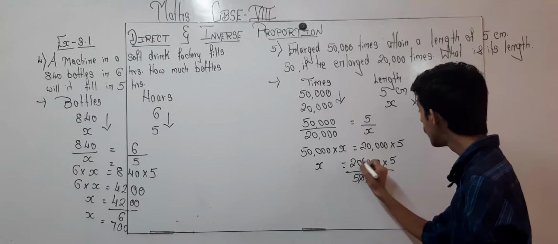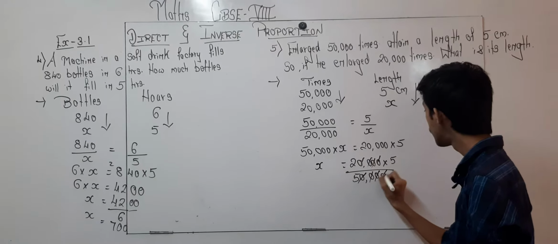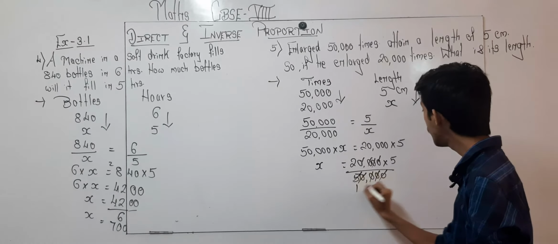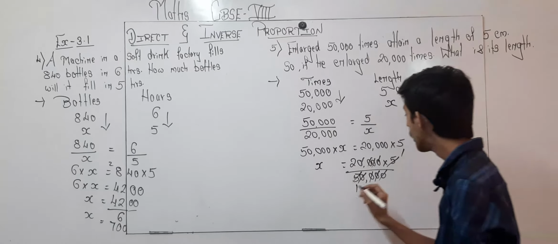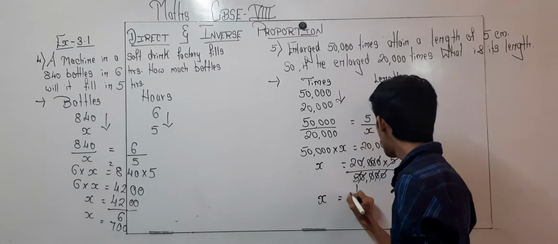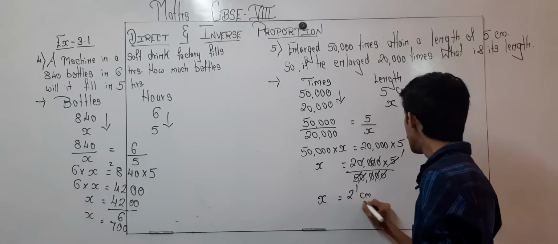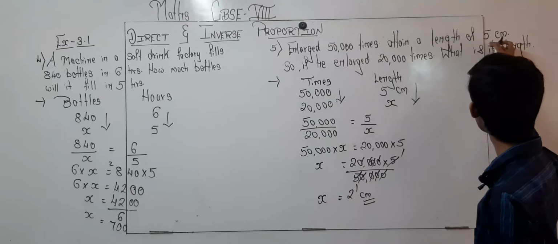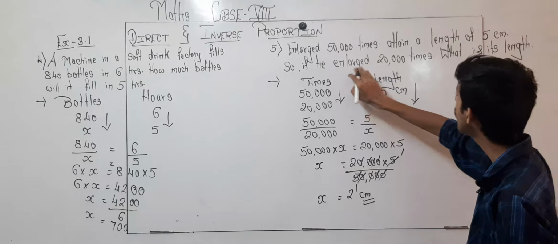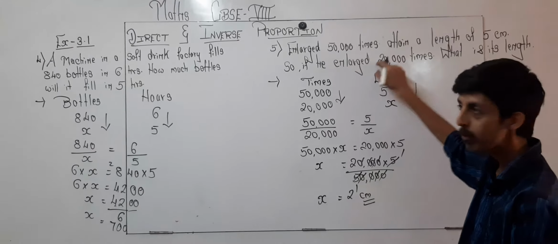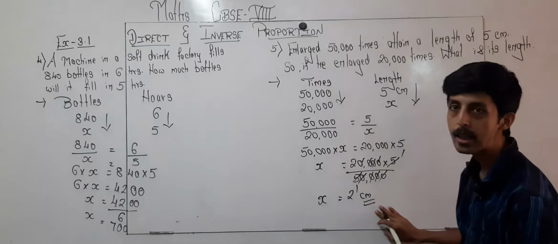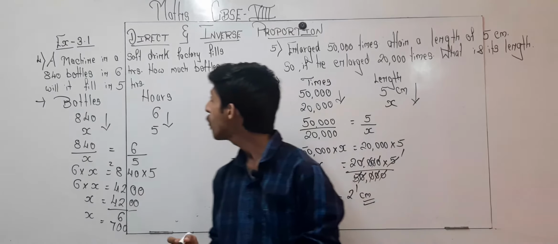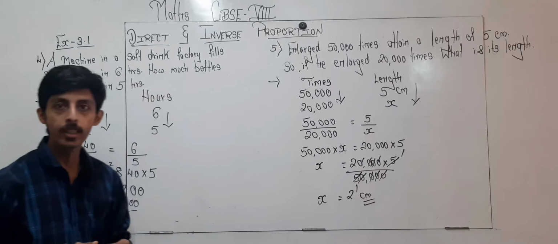Now the zeros will get cancelled, and 5 ones are 5. So x is equal to 2 centimeters. So when it was 50,000 times, the length was 5 centimeter, and when it is enlarged 20,000 times, the length is 2 centimeter. Now we will continue with our question number 6.